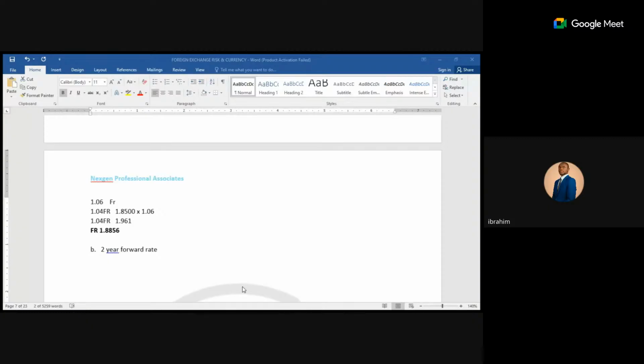That forward rate is what you will use to convert. You see, in international investment, it's just that conversion that is the major problem. Any other thing, I assume that you understand everything there. The only thing is the conversion.